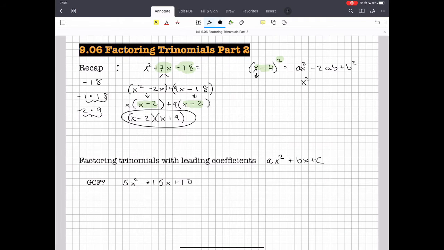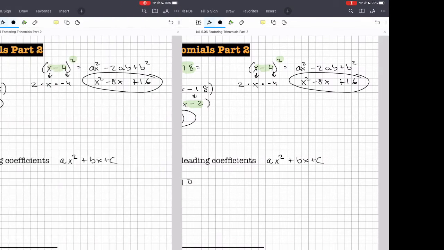So that would be x squared. That's our ax squared. We're going to square that term. That's going to be plus 16. And then we're going to double these. The middle term is negative 2 times a times b. So we're going to end up with negative 8x here. And that would be our answer.